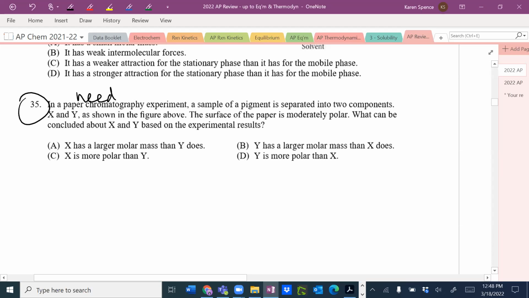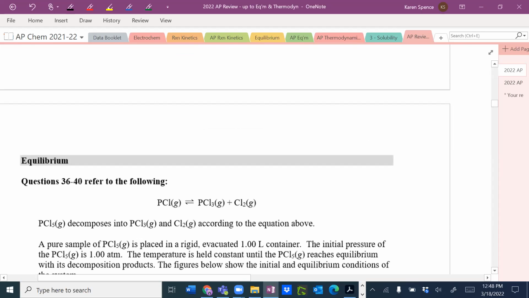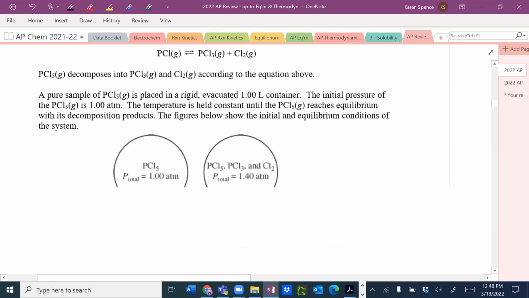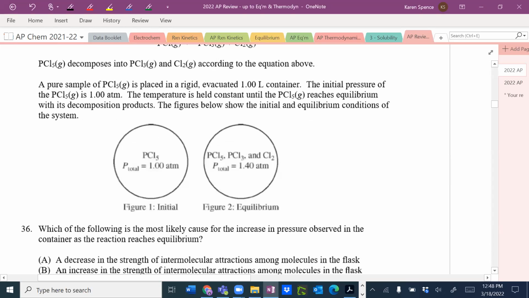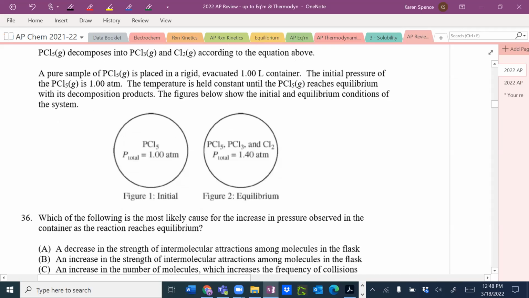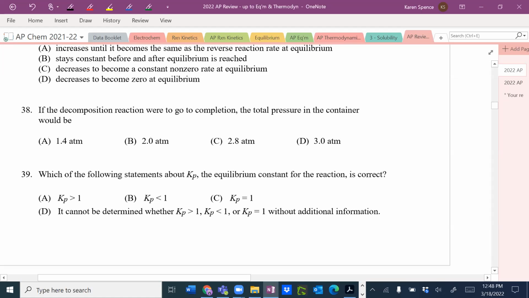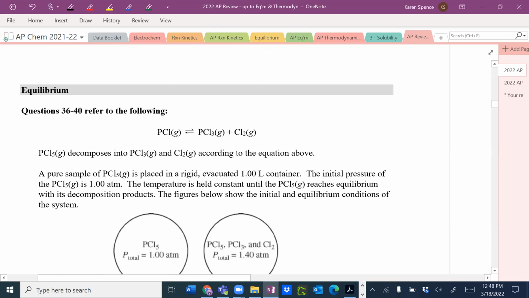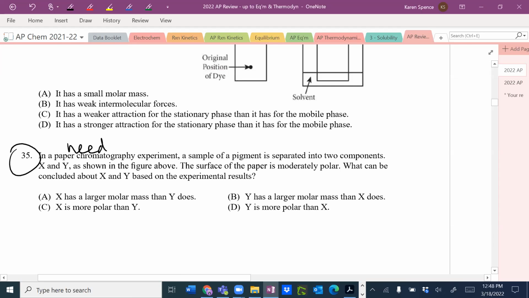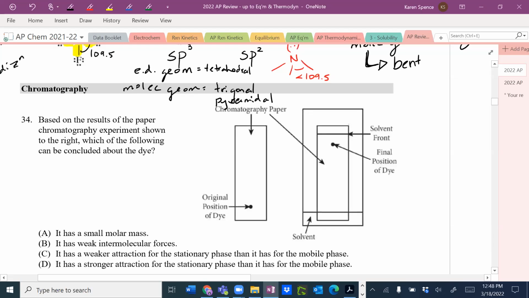And now we are on to equilibrium, number 38. How are we feeling? Do we want to keep going until 1? Or do we want to stop now? Wait, do 34, please. Yes. Oh, did I not do 34? Silly me. Until 1 is good?